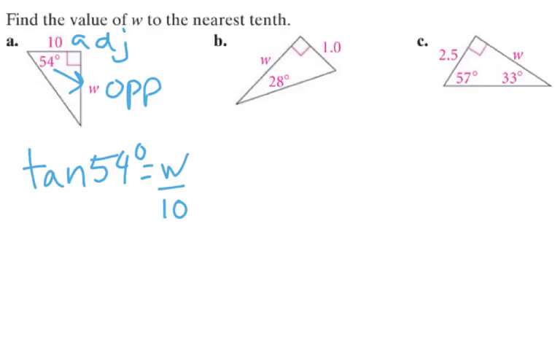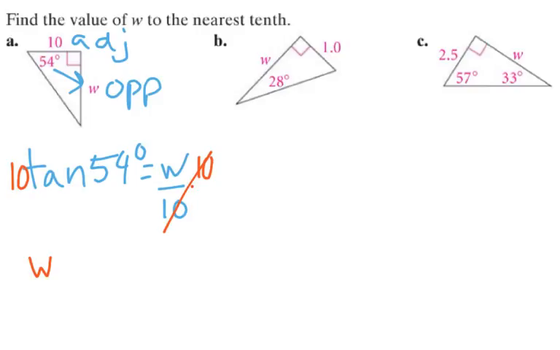But now we still have to solve for W. How do you get the 10 out of the bottom? If you multiply by 10, they cancel right out, which you're allowed to do as long as you multiply the other side by 10 as well. Whatever you do to one side, you have to do to the other.